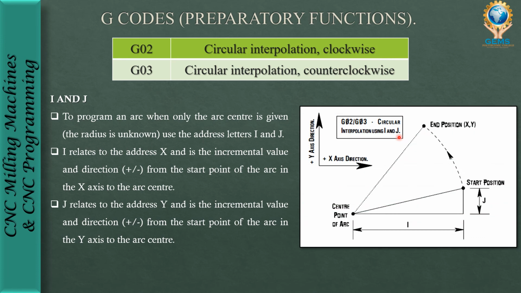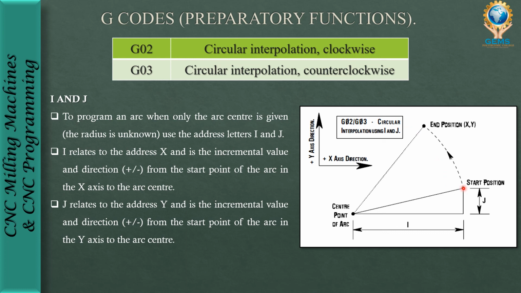We can show the image so you can understand. For example, this is the center point. If you mention the distance from the center point to here, that is the I, and we can mention the start J position, which addresses the Y axis. This is the starting point, and from this point it will start a curve cut.